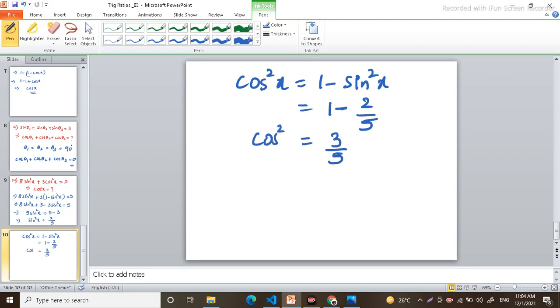This is the cos square x value. So what I'll write down? Cot x, they are asking cot x. Cos x value will be plus or minus square root of 3 by 5.